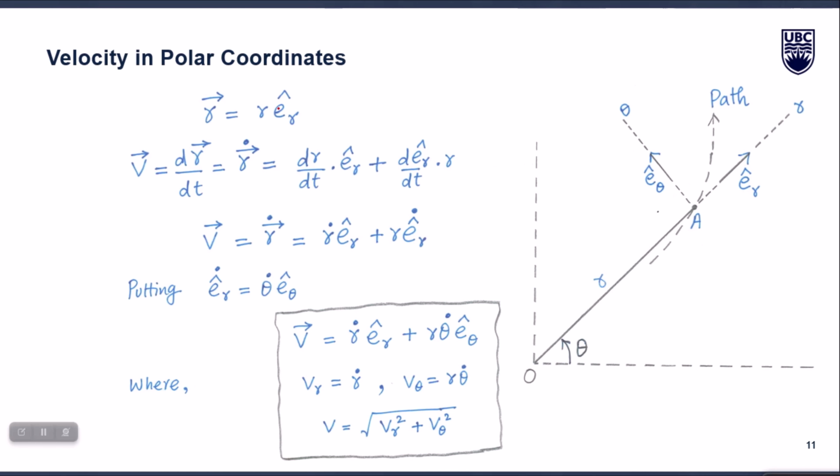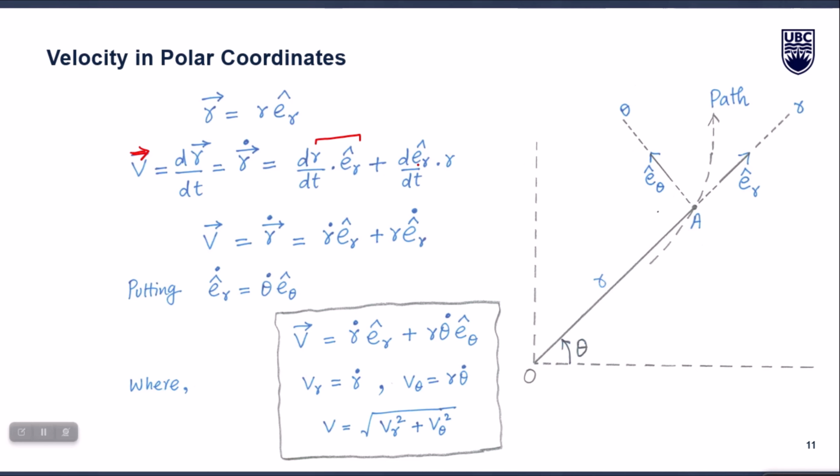I can take its first derivative, right? So V vector will become the first derivative of the r vector. Now r vector is comprised of a product of two quantities, so I can evaluate that differentiation: the derivative of the first quantity times the second quantity plus the derivative of the second quantity times the first quantity.